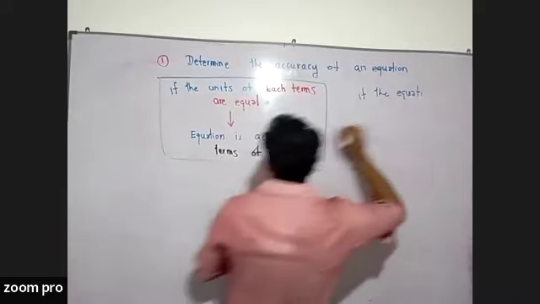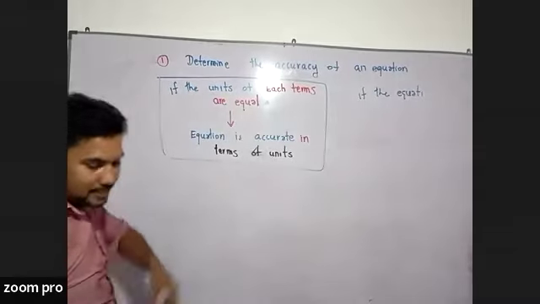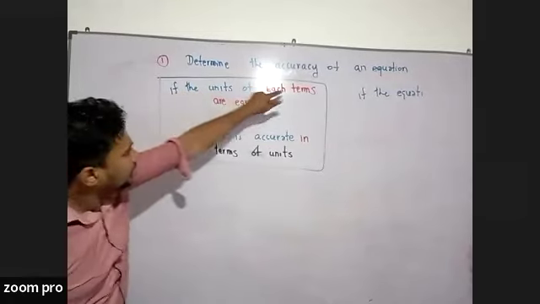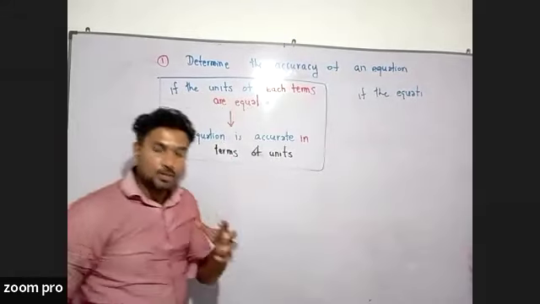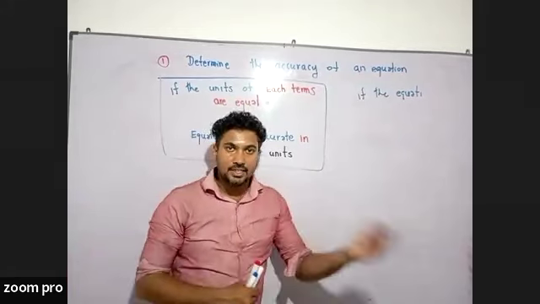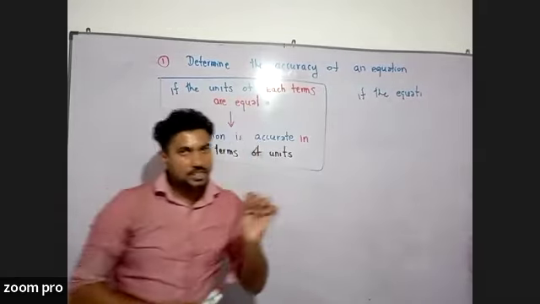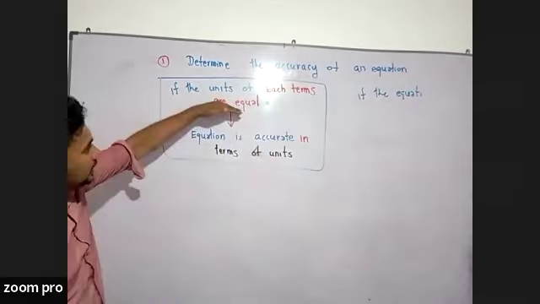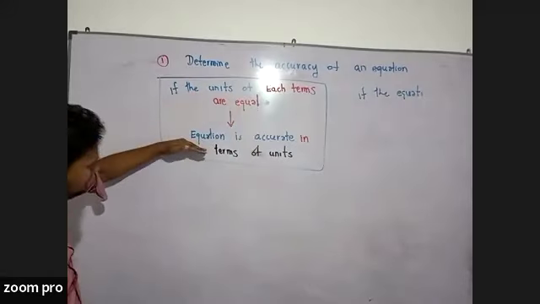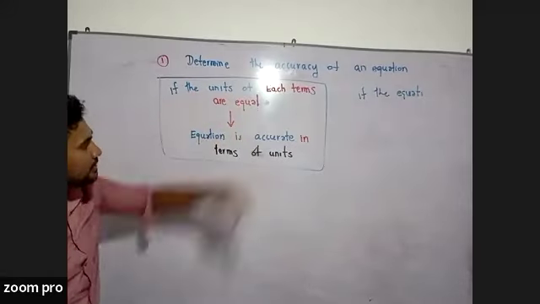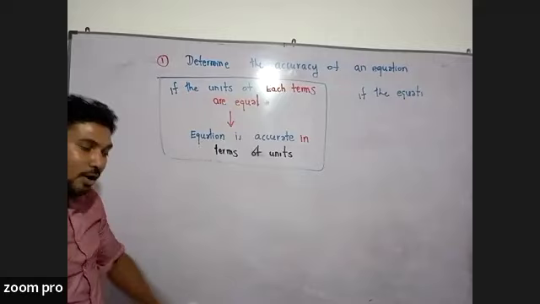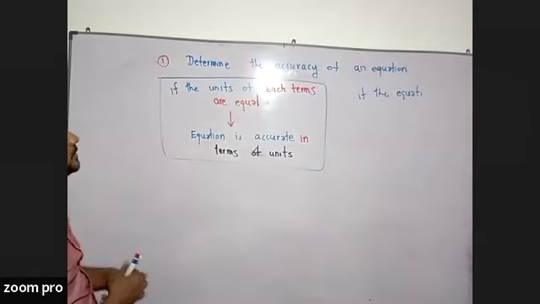First we mentioned that if the units of each term, now we know how to divide the terms in an equation, right? So if the units of each term are equal to each other, then we consider that the equation is an accurate one. So how to build up the reciprocal of this?